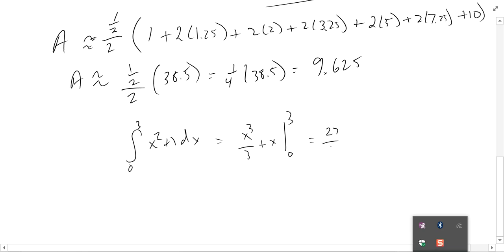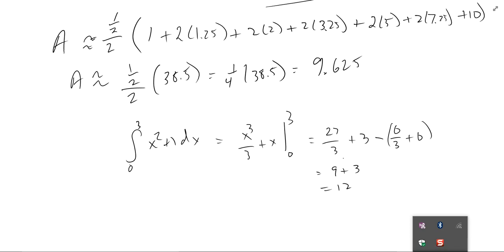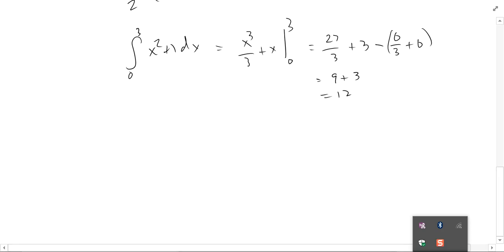So 27 over 3 plus 3, minus 0 over 3 plus 0, is going to give us 27 divided by 3 is 9, and 9 plus 3 gives us 12. So our actual value is 12, but our approximation is 9.625. So a little bit better approximation, I think, than what we get by doing a Riemann sum, but there it is.